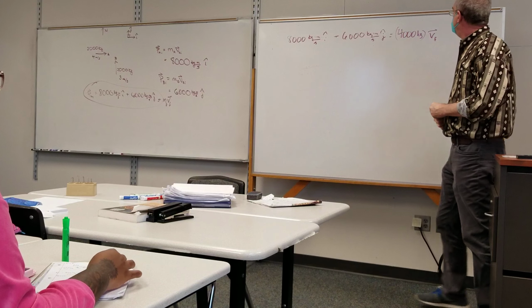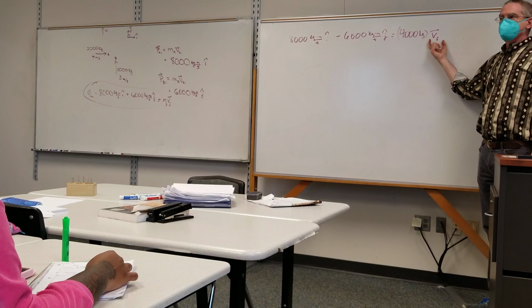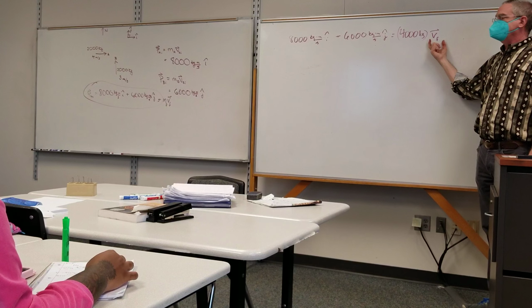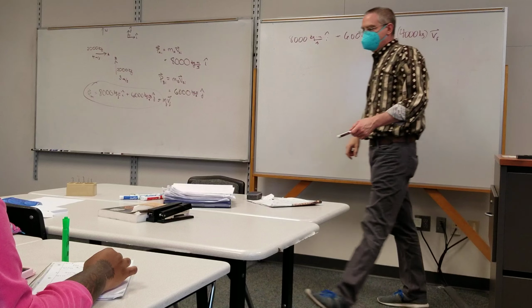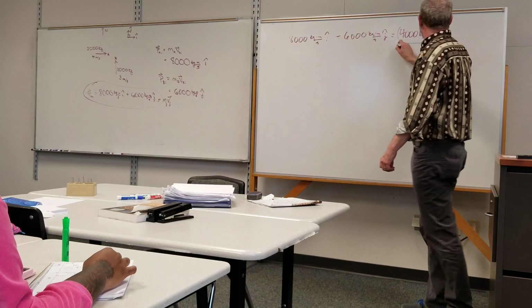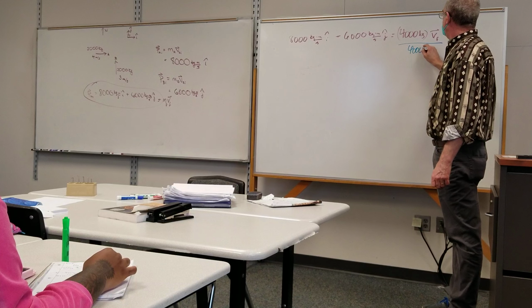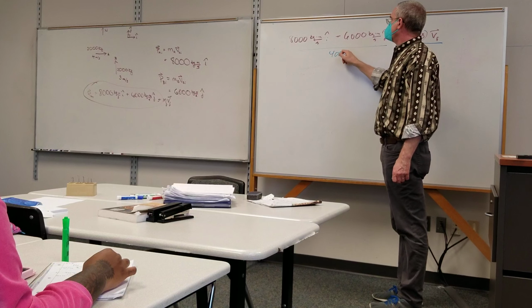This is my unknown here. I need to get it by itself, so in math class, what do you do when you want to get something isolated? So I'm dividing this by 4,000 kilograms. I'm dividing over here by 4,000 kilograms.